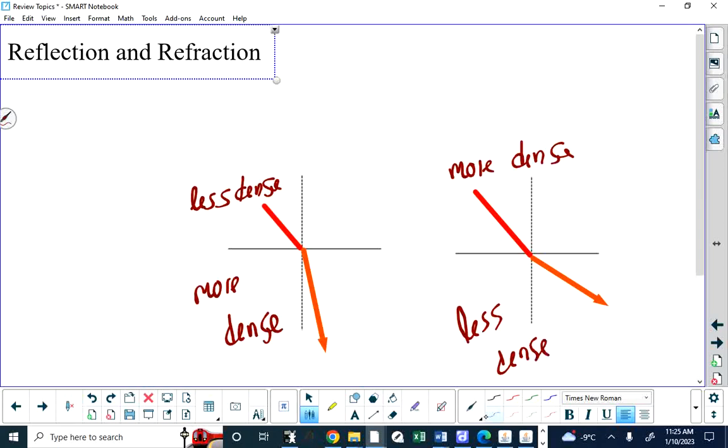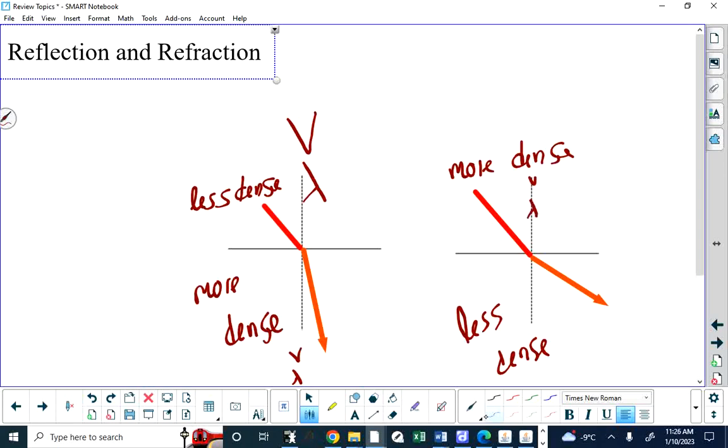You should know that in the less dense medium, the wave travels faster than it does in the more dense, and it has a longer wavelength than it does in the more dense. So the speed and the wavelength both decrease. What happens to the frequency during refraction? Stays the same, because the frequency is determined by the source of the wave.